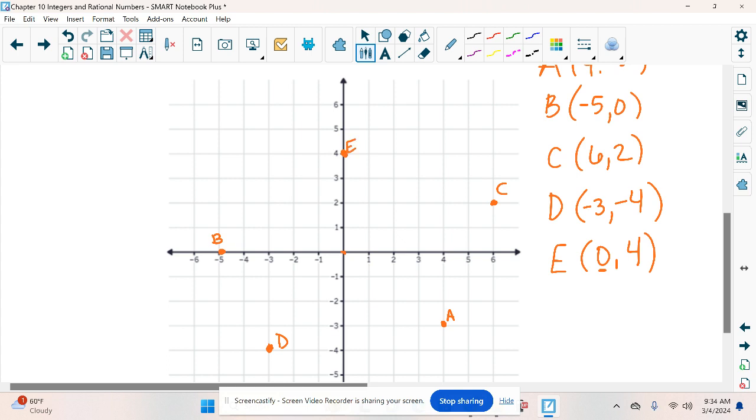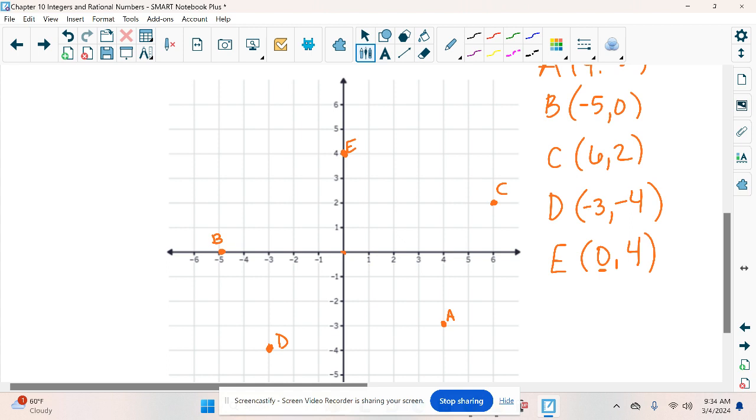Is 0 positive or negative? It's neither. It's neutral. So 0 doesn't identify a direction.